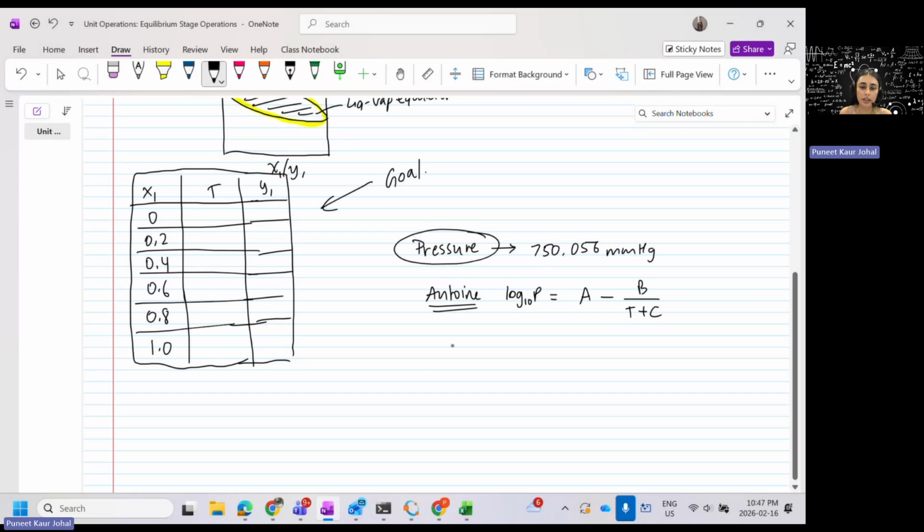Now, what is this P? This P comes from this equation, where P is made up of the partial pressures from component 1 and component 2. This is the mole fraction times the pressure of the pure component at a given temperature, which is really crucial because these values will be found at a particular temperature.